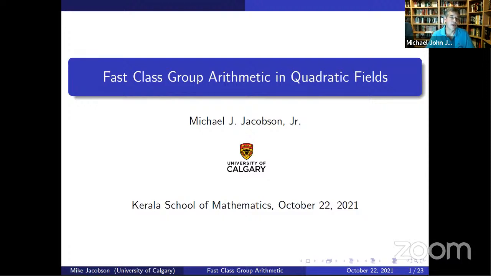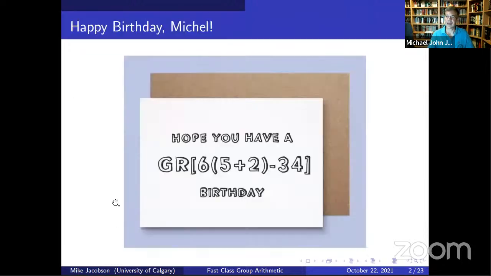So my goal today is just to do a survey of the state of the art of this in quadratic number fields, and also their function field cousins, the hyperelliptic curves or quadratic function fields. Show you what we can do, and hopefully show you a couple of new things along the way in the process.